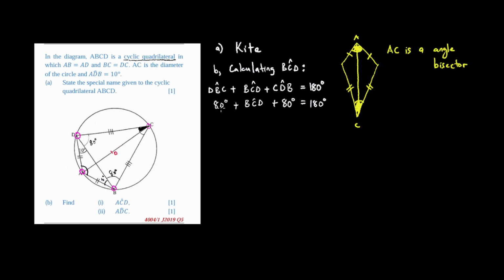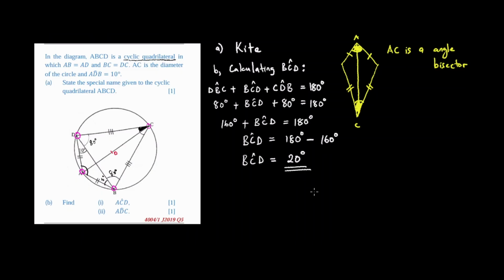So 80 plus 80, that's 160. So 160 degrees plus BCD is equal to 180 degrees. Which means BCD is going to be equal to 180 subtracting 160, so BCD is going to be equal to 20 degrees.